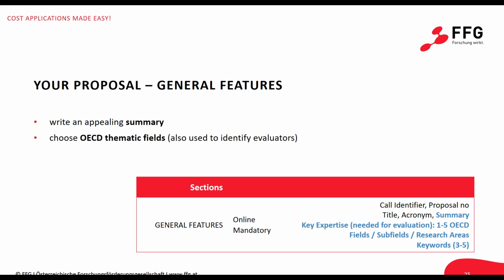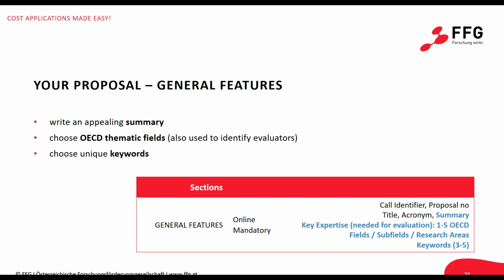There is a long list of research areas, and here you can choose between 1 and 5 of these research areas. This is used to identify the evaluators, so that the closer you get to your research topic, the easier it is to find experts that really fit for evaluating your proposal.